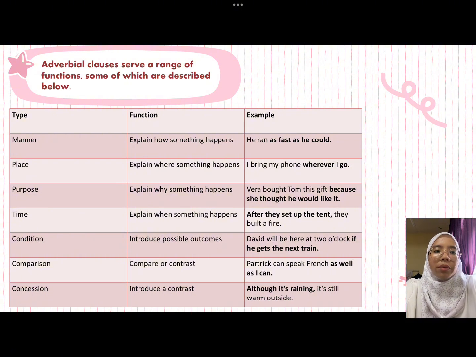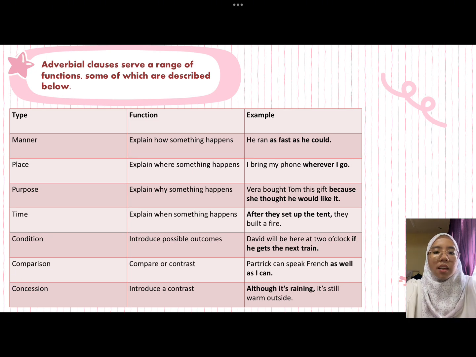For example, Vera bought Tom this gift because she thought he would like it. This sentence explains the reason why Vera bought Tom this gift is because she thought that he will like it, and they explain why she bought the gift for Tom.